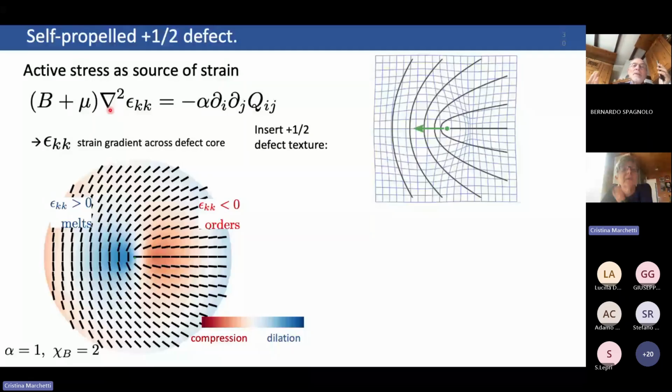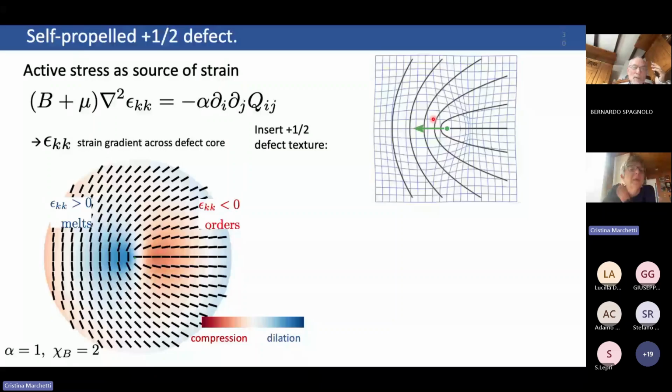I can put in the texture, the shape of Q corresponding to, say, a +1 defect, and calculate the strain that that texture generates. So this shows pictorially that for a +1 defect, which is contractile when alpha is positive, I will have a compression at the tail of the defect, and a dilation at the head of the defect.